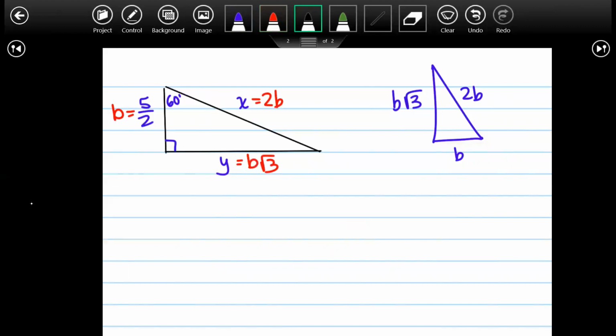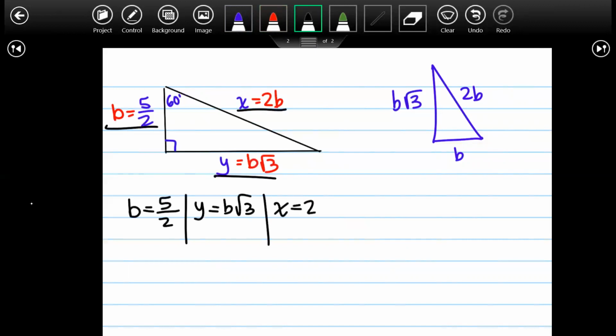What do I do with these? I write them down below. B is equal to 5 over 2. Then Y is equal to B radical 3. And X is equal to 2B. Which one am I going to use? We're going to plug it into 1.